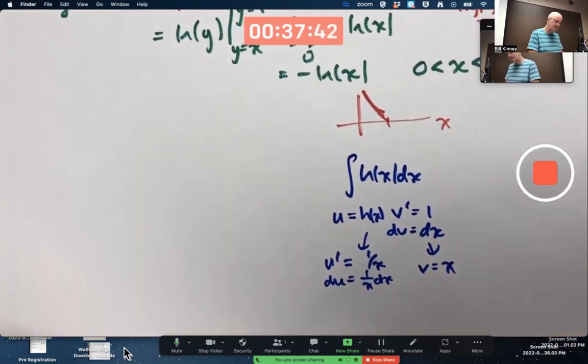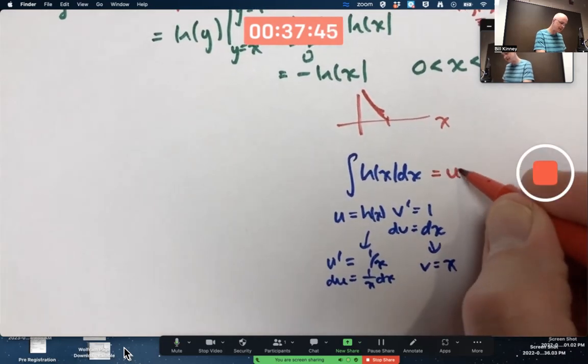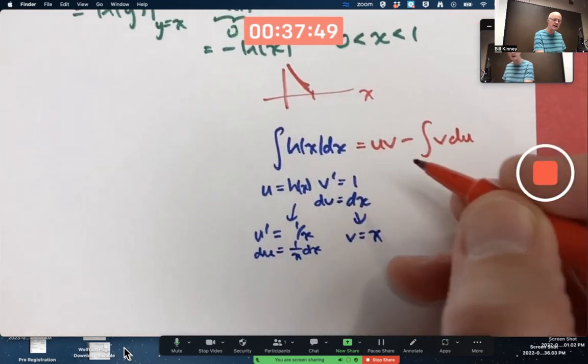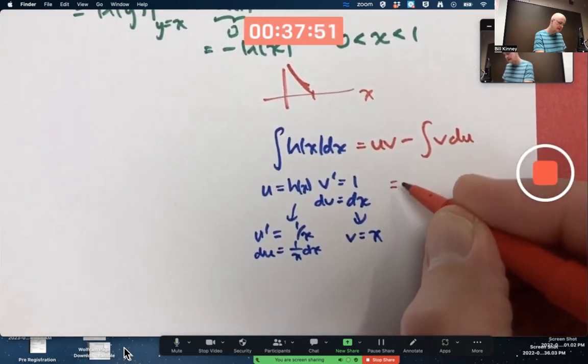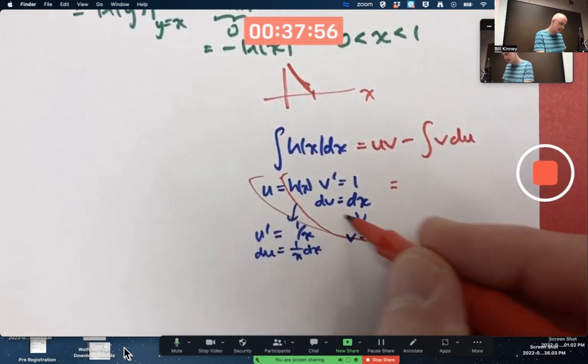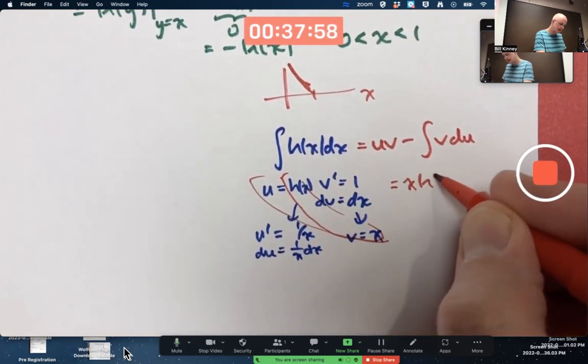So the integration by parts formula says uv minus the integral of v du, or v times u prime if you prefer. Multiply these two things, uv, get x natural log of x.